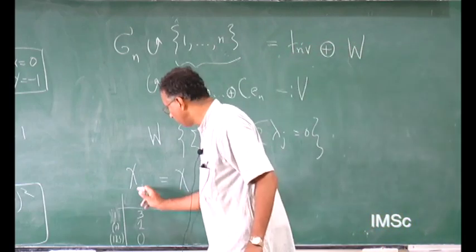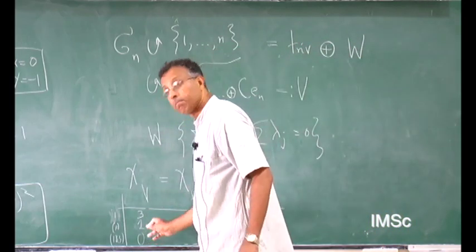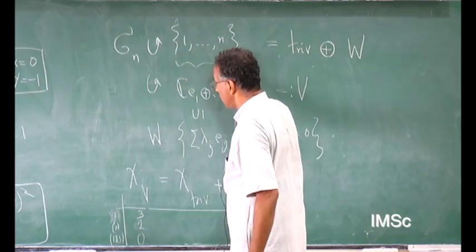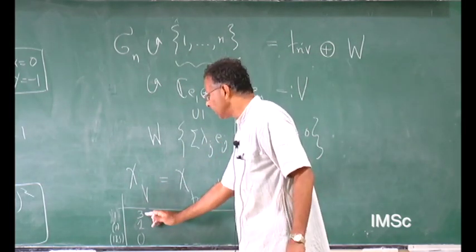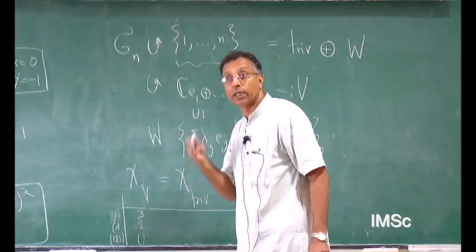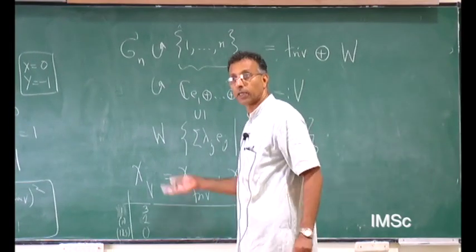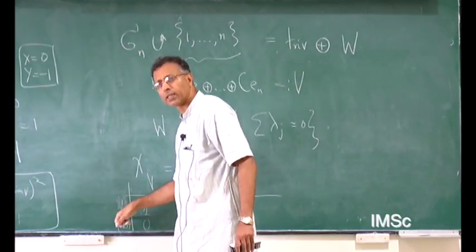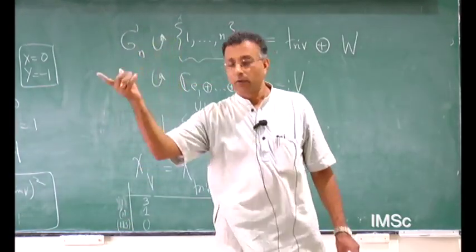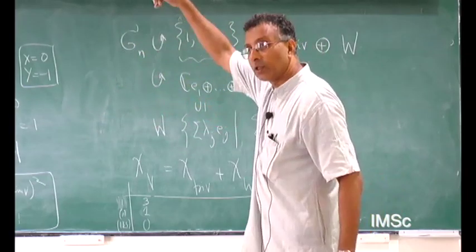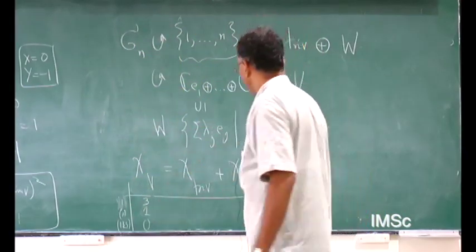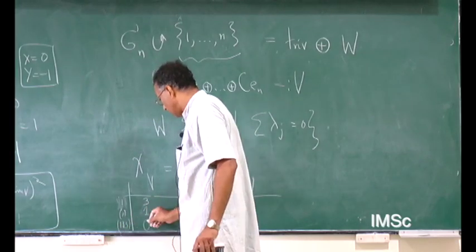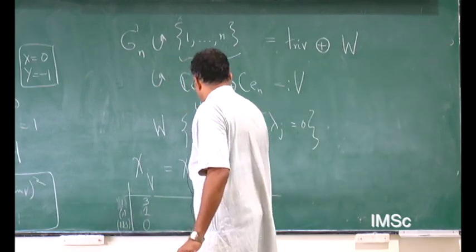Because it is just the number of elements fixed by this permutation. Because you are thinking of this as a basis and you are actually computing the trace of those matrices. The matrix corresponding to the identity is the identity matrix. The matrix corresponding to this is flip 1 and 2 and put 3, 0, 0, 1. The third column is 0, 0, 1. So the trace is 1. Here of course nothing is fixed. Therefore this is just the number of fixed numbers. So this is 0. Well, this is 1, 1, 1.